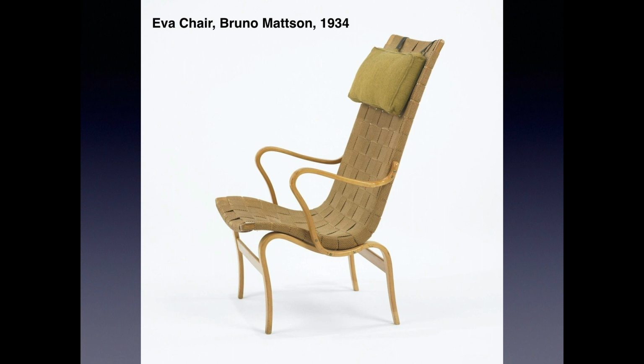It's a Swedish chair. And this comes out of an intellectual movement or a cultural context, which we might call a myth, which is expressed in terms of design as a school called functionalism, or Swedish functionalism.